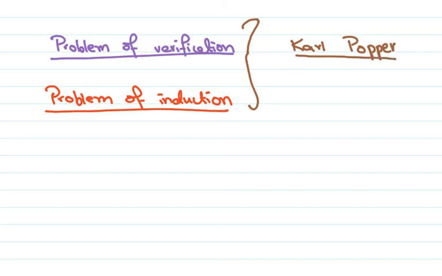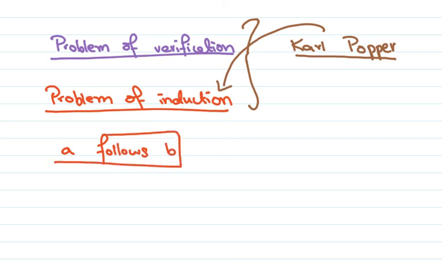Karl Popper recognized that no matter how many times you observe that a particular event follows another, you can never really make a categorical statement which says A follows B, because you never know that in the next instance A might stop following B, right? So Karl Popper recognized that with our current ways of thinking, we had this problem of induction.